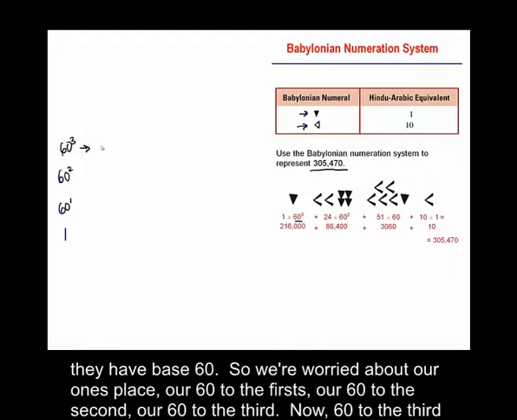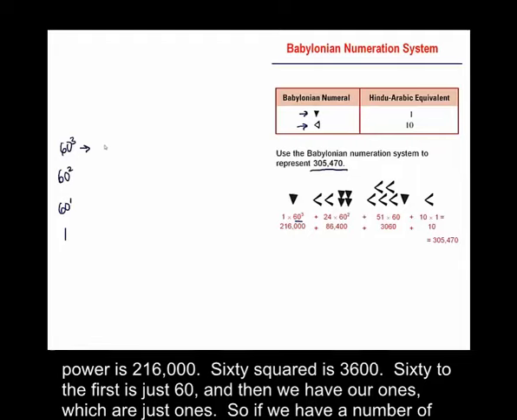Now 60 to the third power is 216,000. 60 squared is 3,600. 60 to the first is just 60, and then we have our ones, which are just ones.